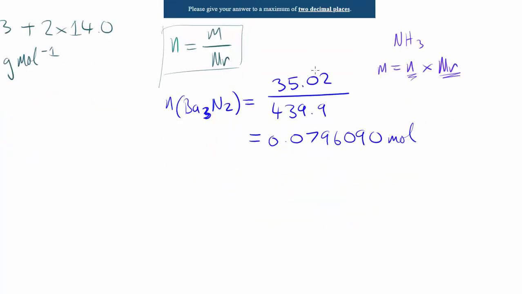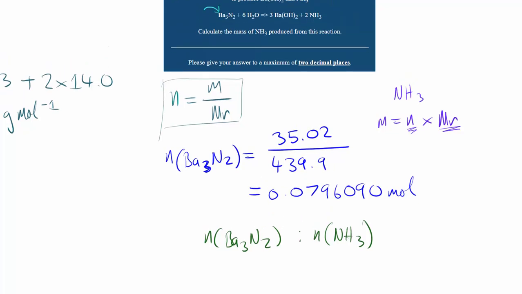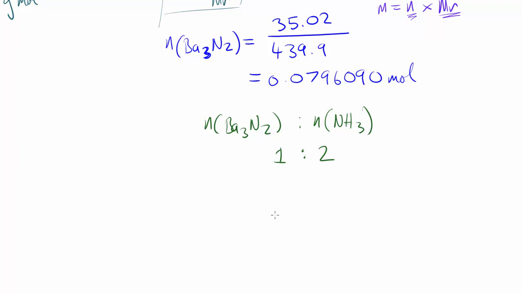So the molar ratio is that for every 1 Ba₃N₂, you're going to get 2 NH3, okay?